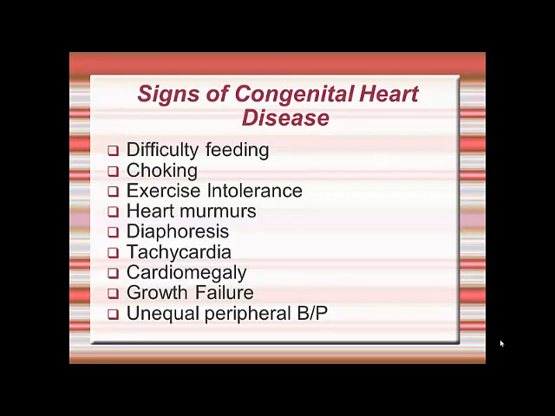So that's just some of the things that are listed in that table. A lot of times what caused it is unknown, but it can be associated with Down syndrome and fetal alcohol syndrome, and we talked about some of the other problems.